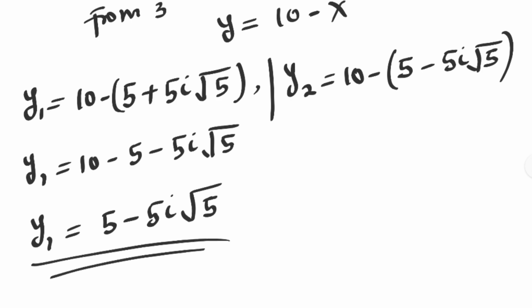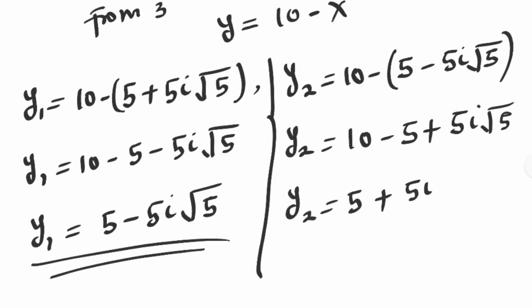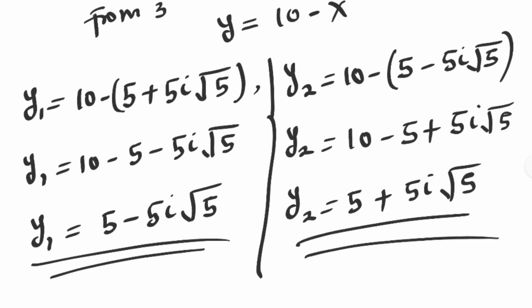This is the value of y1. Then y2 is equal to 10 minus 5 plus 5i root 5. y2 is equal to 5 minus 5i root 5. This is the value of y2.